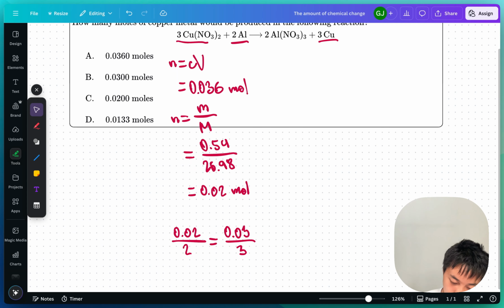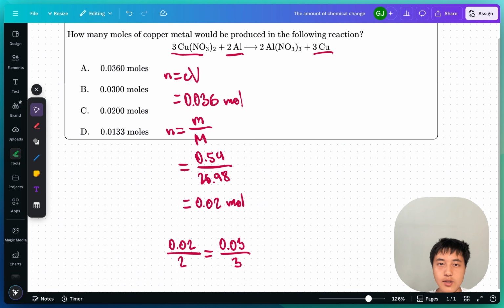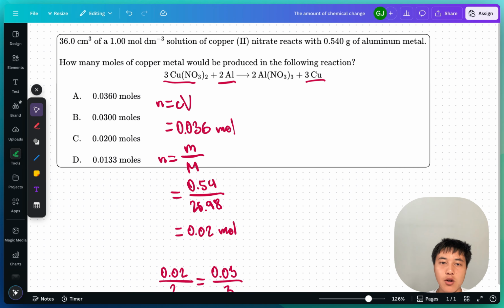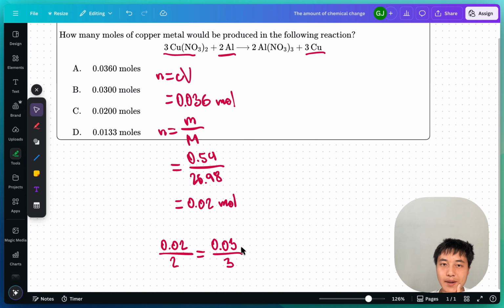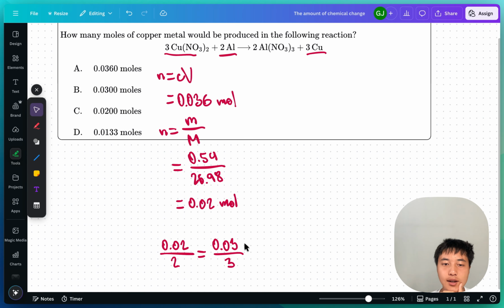And we can see that 0.03, that's the expected amount if there was no excess. But since there are more, in reality, there are more moles of copper nitrate than the expected amount. This means that aluminum is the limiting reactant.